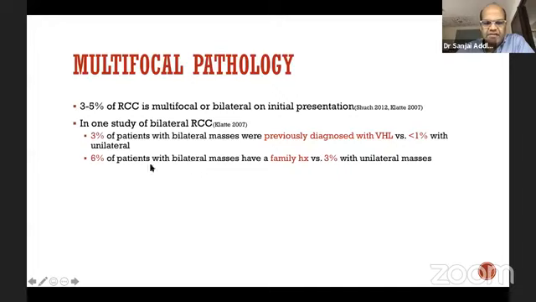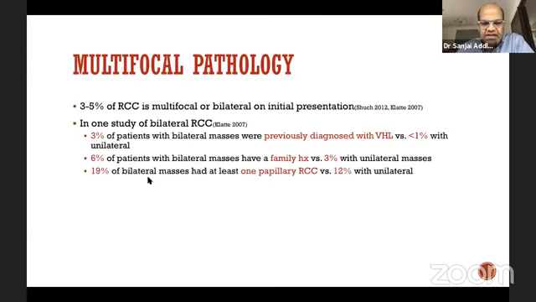When you look at family history, 6% of patients with bilateral masses have family history compared to 3% with unilateral. And then the third one, papillary versus none, 19% of bilateral renal masses have at least one papillary RCC versus 12% with unilateral.